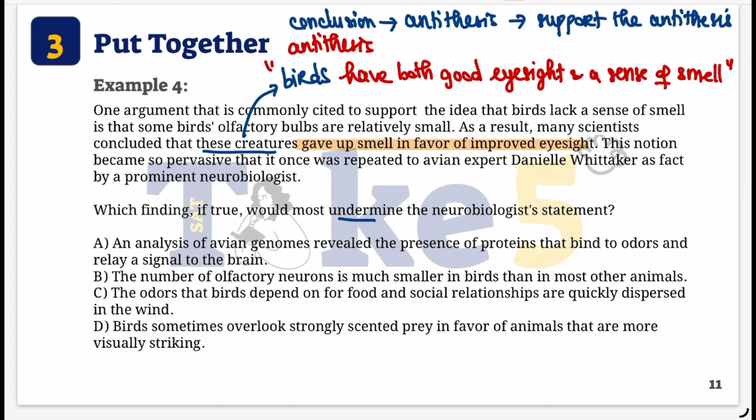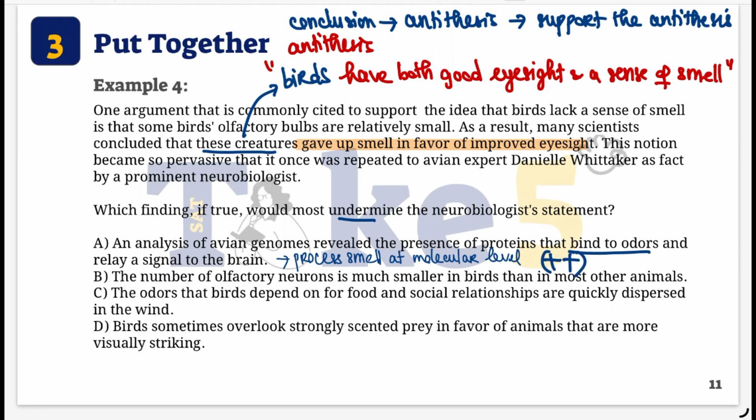Answer A says that birds' genomes contain proteins that bind to odors and relay signals to the brain. So this is direct biological evidence that birds can process smell at a molecular level. So it most strongly supports the antithesis that we just stated. Put a double positive sign here first.